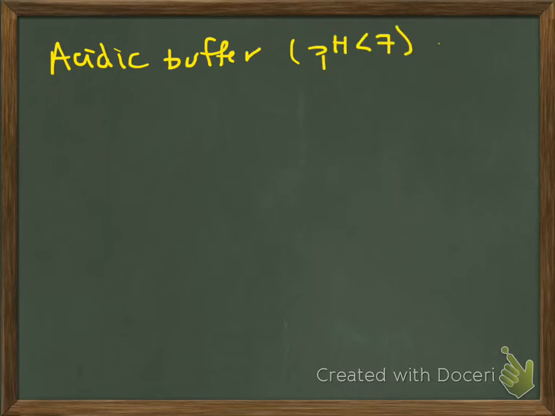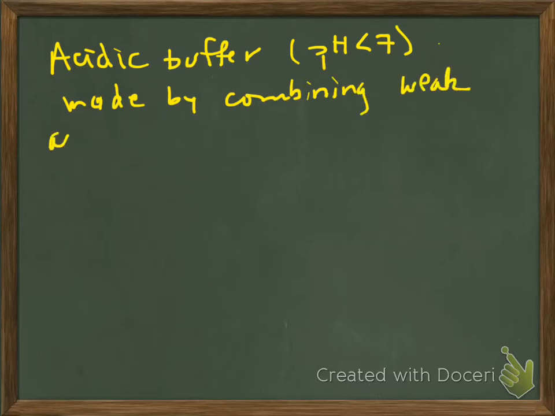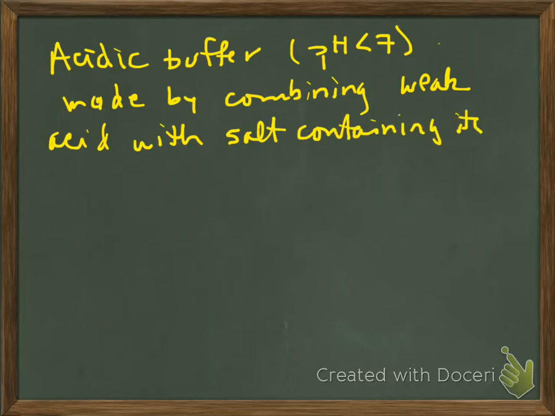How do you make a buffer solution? Okay, an acidic buffer, hopefully you can deduce that that is with a pH less than 7, okay, is made by combining a weak acid with a salt containing its anion, okay, or its conjugate base.